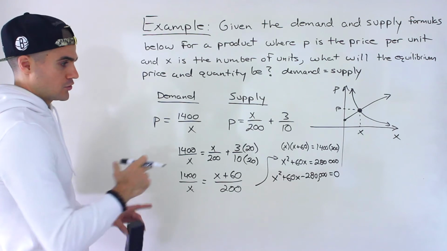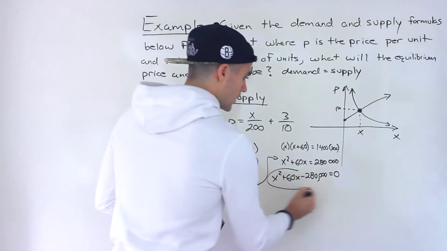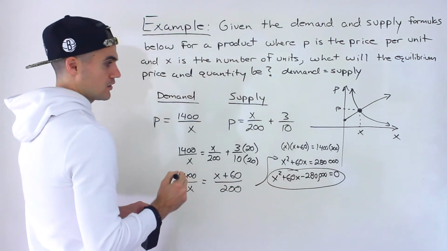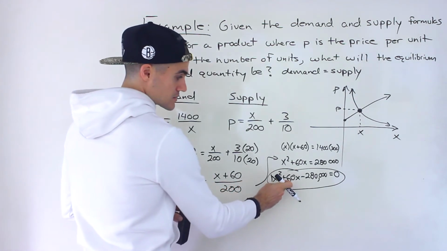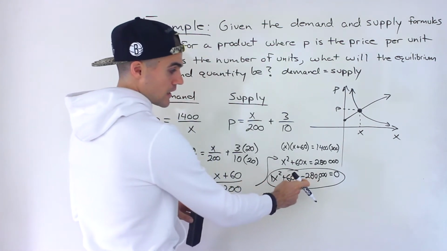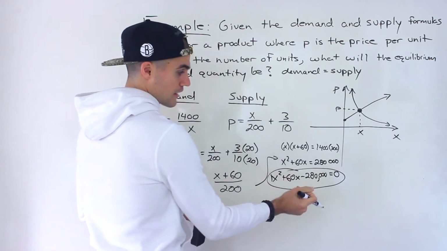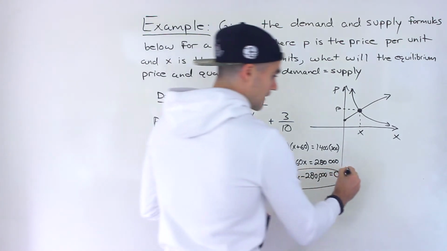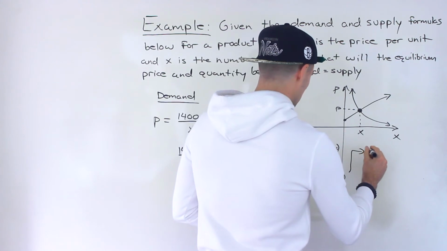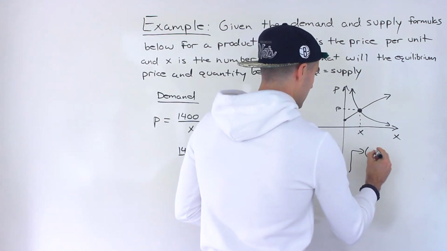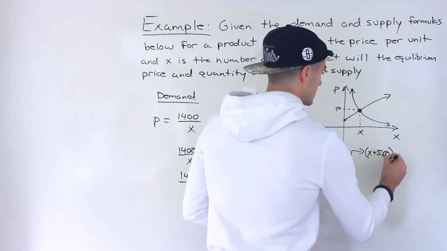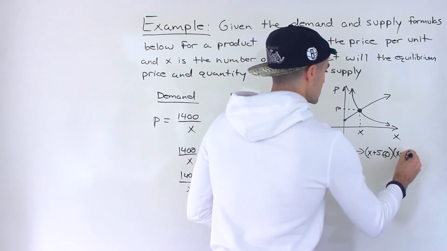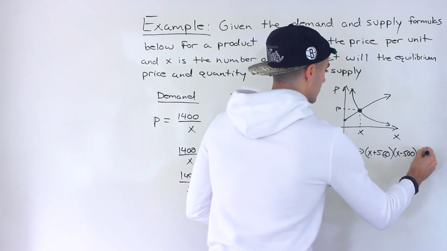There are multiple things you can do with this quadratic equation. You can plug it into the quadratic formula. Notice the A value is 1, the B value is 60, the C value is negative 280,000. This actually, in fact, factors smoothly. It's going to factor into x plus 560 and then x minus 500.